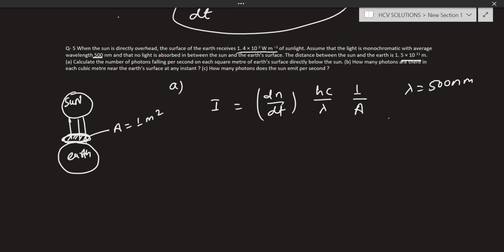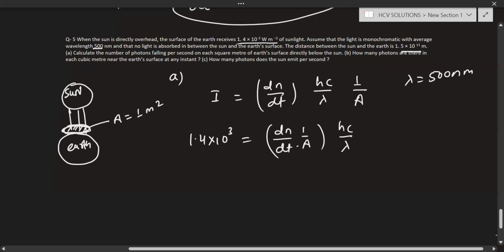The intensity of light is dN/dt, the number of photons falling per unit time, times hc by lambda, the energy of a photon, per unit area. So the intensity is given as 1.4 times 10 to the power 3. We have to find dN/dt, the number of photons per unit time and per unit area, and that is hc by lambda.